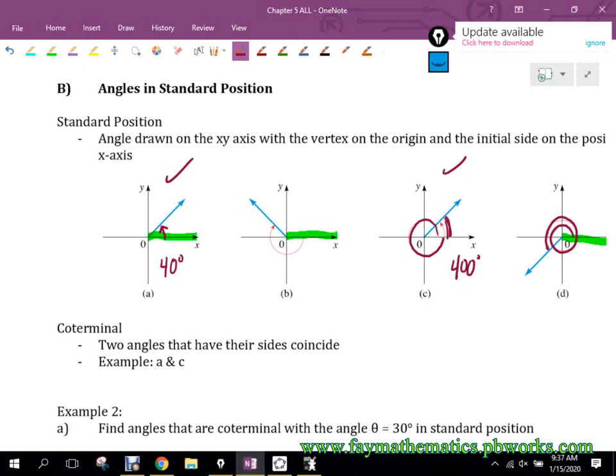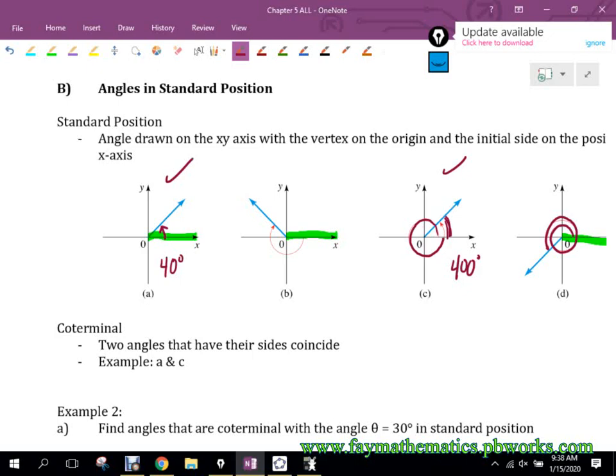Coterminal angles are two angles in which both the initial rays and terminal rays coincide, or overlap, but one is bigger than the other.